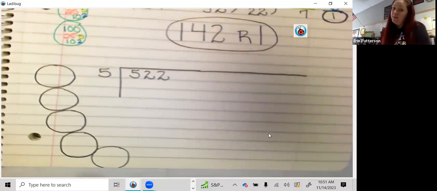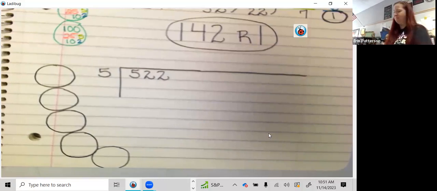This one's not going to take as many steps as the last one we did if you're using those largest friendly numbers. So don't freak out if it's not 16 steps. It's okay.